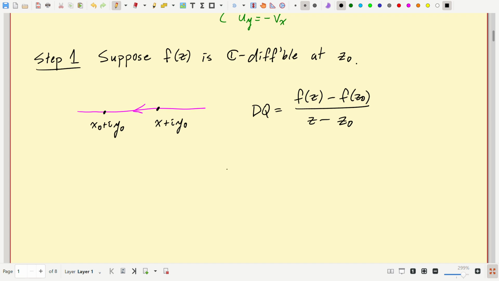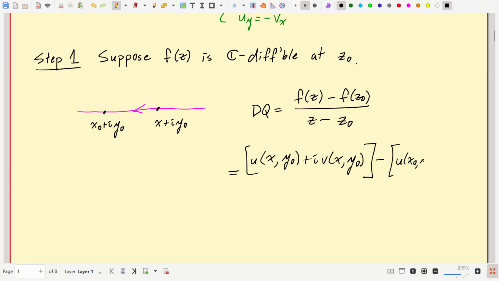And that's equal to, that f of z over there is u of x y naught, plus i, same thing for v of x y naught, minus the same thing at the base point.